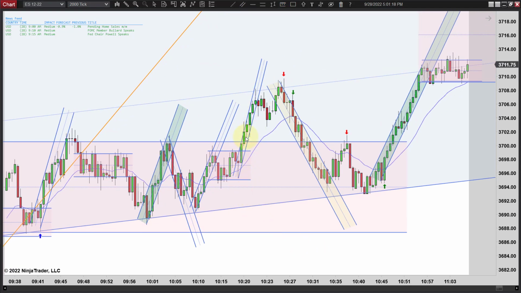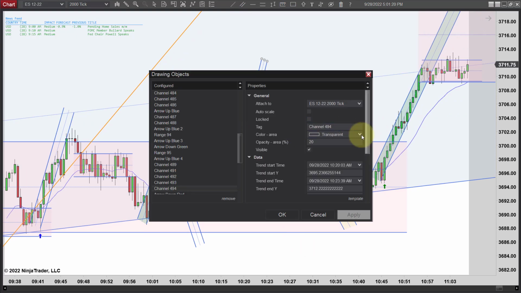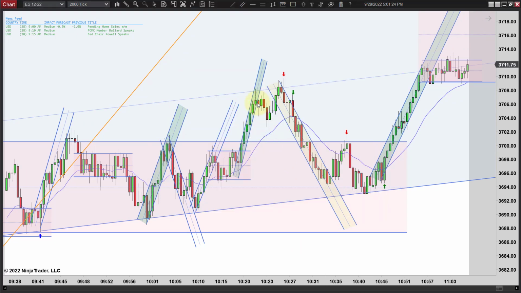No way to get long on that. Of course, you got this micro channel working up. You get two legs down on a close outside. So again, there's a second entry there, but no setup that we really like. You might have said there's a higher low here, but now it looks congested.